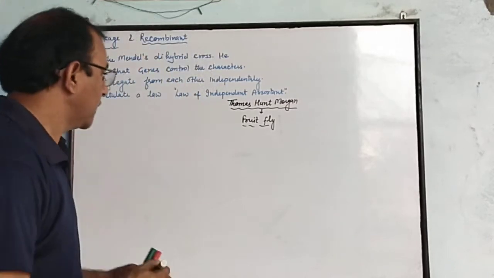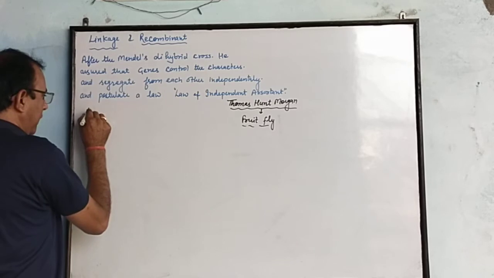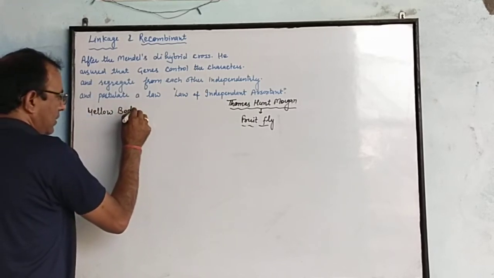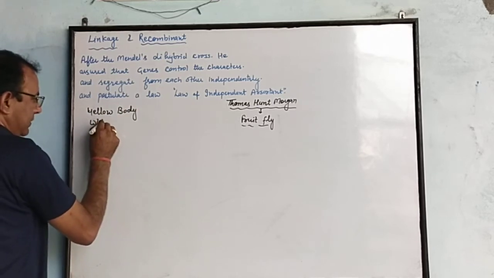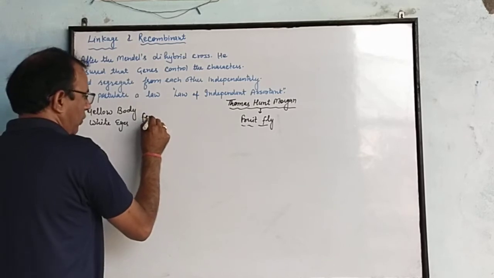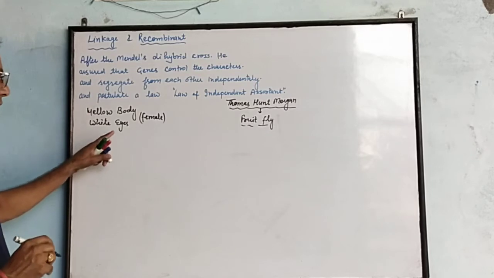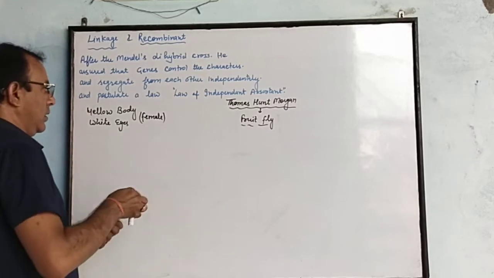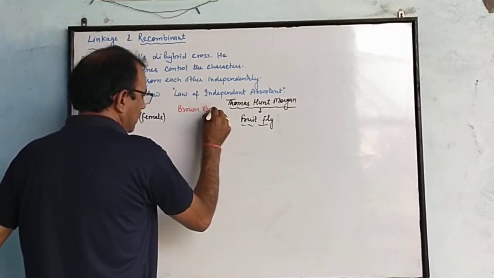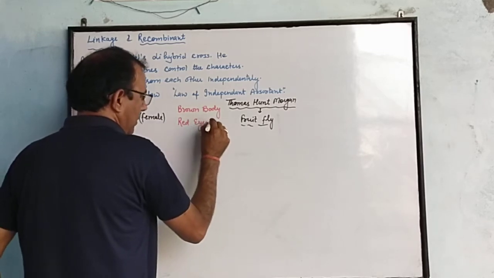How did he show this? He experimented on yellow body and white body. He took a yellow body, white eyes female and crossed her with a brown body, red eyes male.